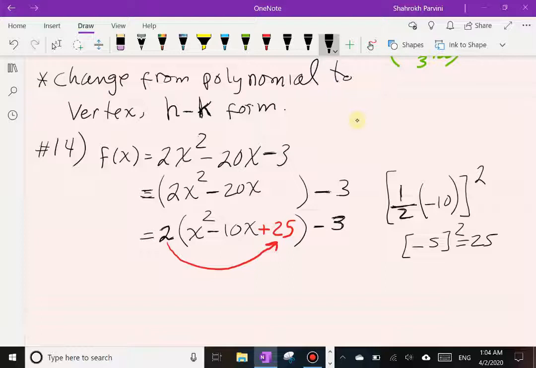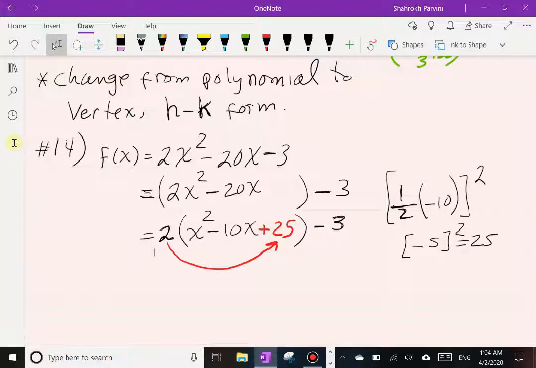So even though it looks like I added 25 in parentheses, because of the 2 on the outside, it will distribute itself onto 25. In reality, I added 50 on that side.